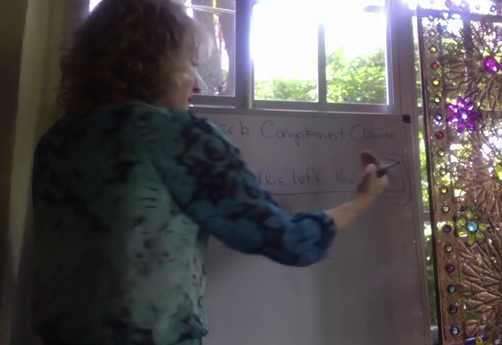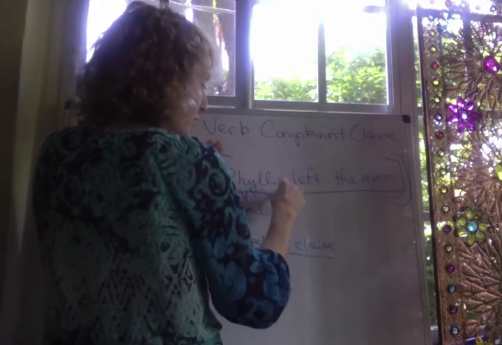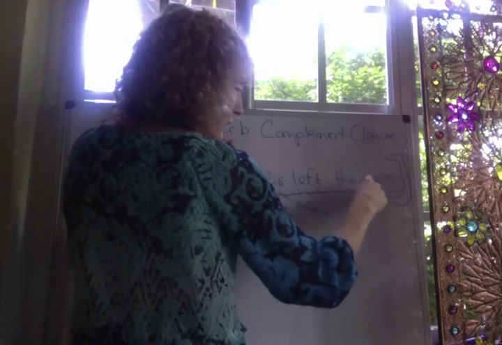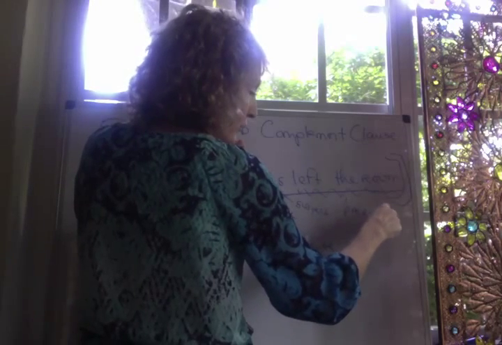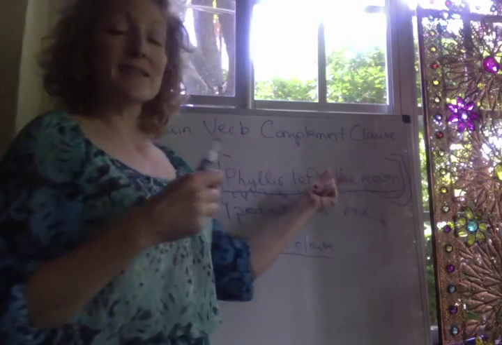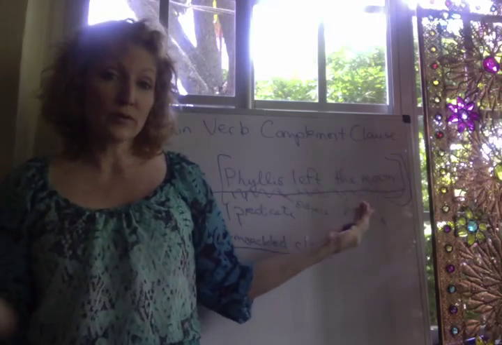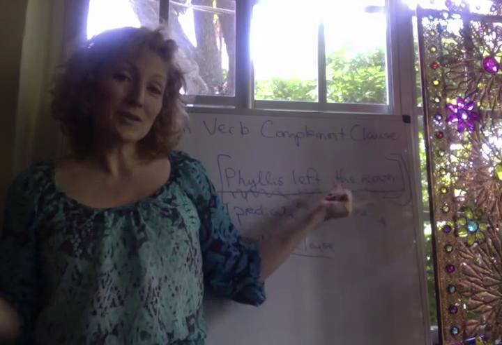So if you look just at Phyllis left the room, Phyllis would be your subject, and your predicate would be left the room. And you could think about all of the different ways that we've analyzed sentences in terms of, okay, what's the verb phrase? So the verb phrase here would be left the room. What is the material in the verb group?